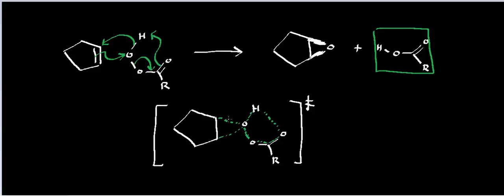What you can ultimately see is these two bonds right here. These are bonds that are forming, right? Ultimately, this oxygen is forming a bond with this hydrogen, but this bond right here is a bond that's breaking, and this is a bond that's breaking right here. And ultimately, this is going to give you the epoxide you want.